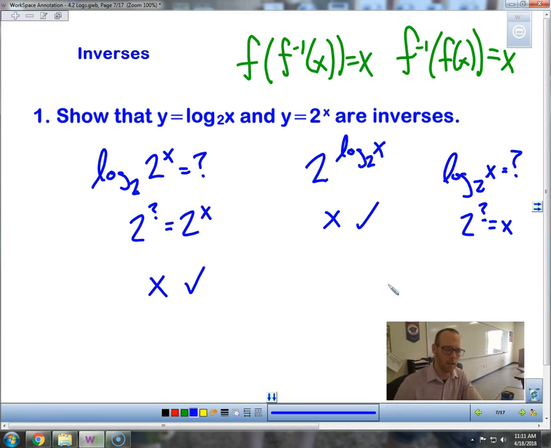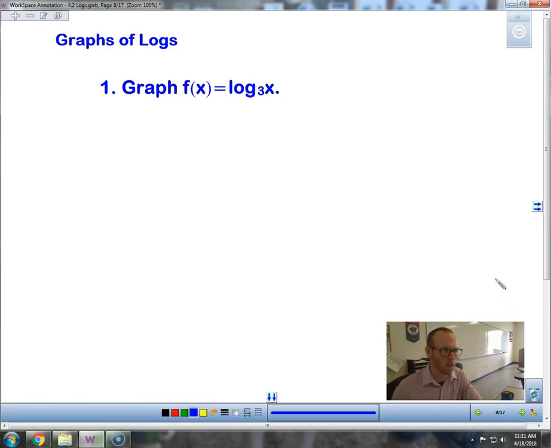Okay. They are inverses. So, using that concept of inverses, let's come up with a graph of the log base 3 of x. Well, instead of coming up with a table of points for log base 3 of x, let's come up with a table of points for its inverse.